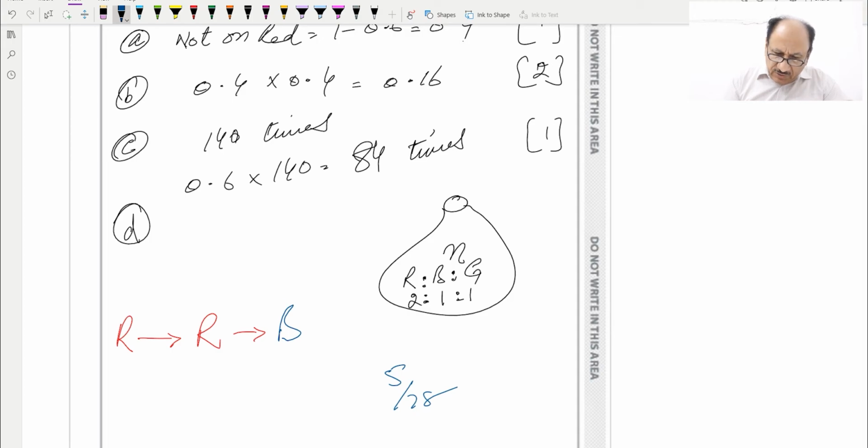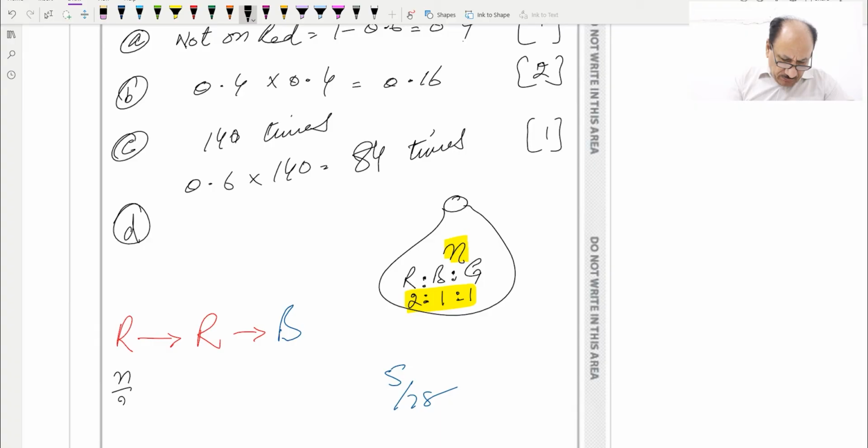First is red. Red we know is 2 out of a total of 4, and there are n number of counters, so n by 2 will be our probability for getting a red counter.